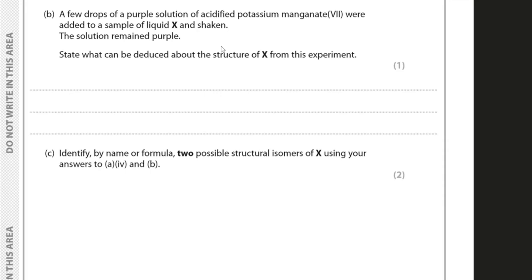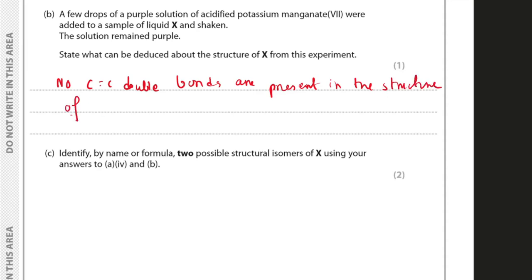Since the color did not disappear, or in other words, the potassium manganate did not get decolorized, we can easily say that no carbon to carbon double bonds are present in the structure of X, or you can say it's not an unsaturated compound, in other words as well.